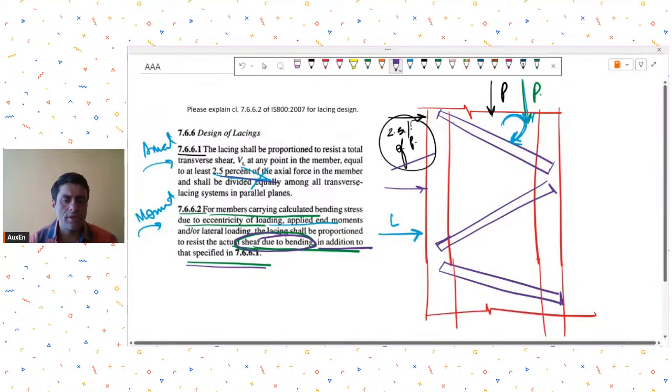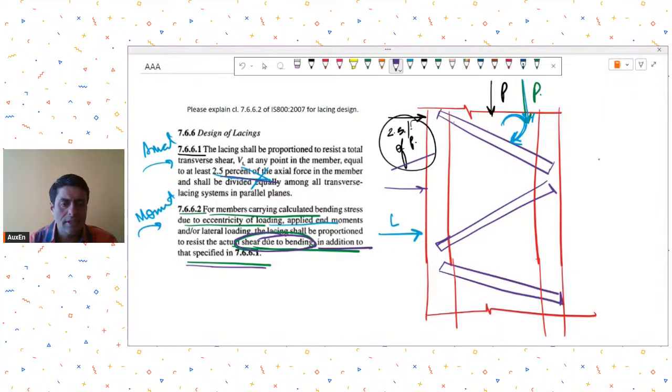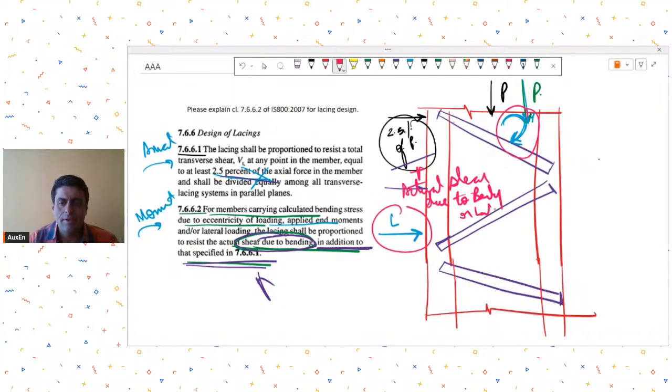But if you read the codal provision, it seems that they are saying to resist the actual shear in addition to that specified. So you will have to add the shear due to bending moment or lateral force plus 2.5% of P.